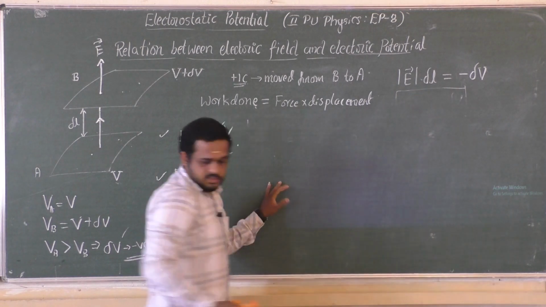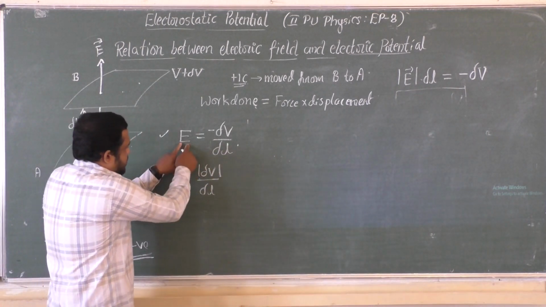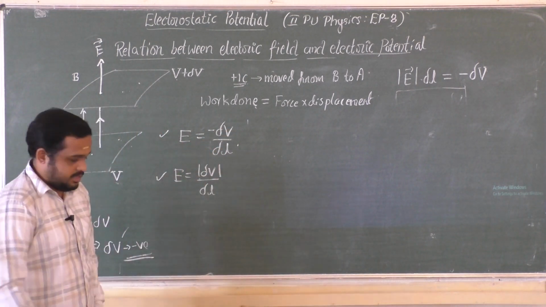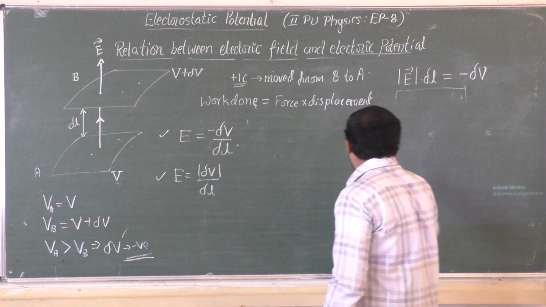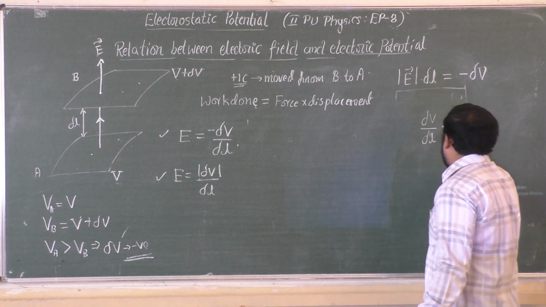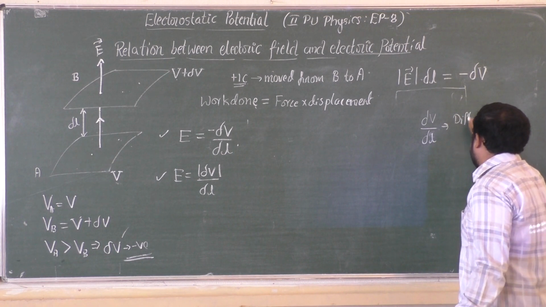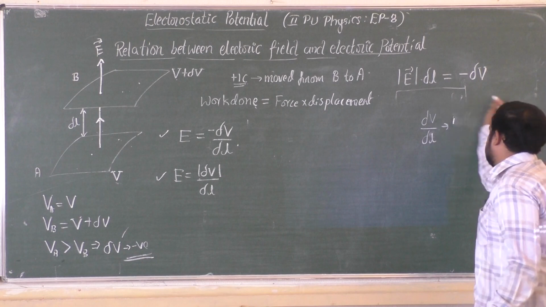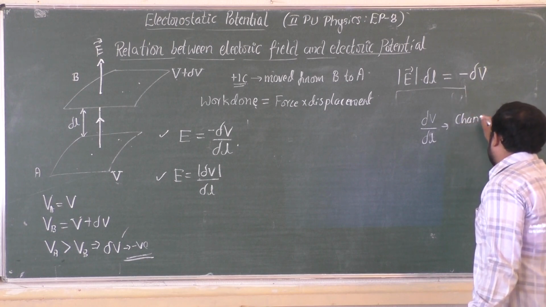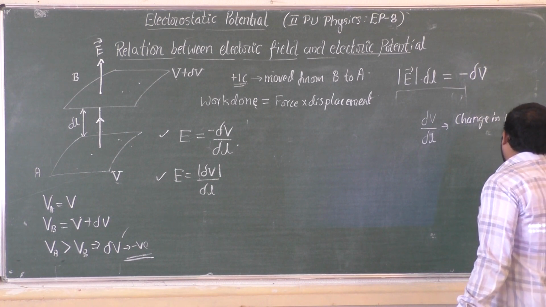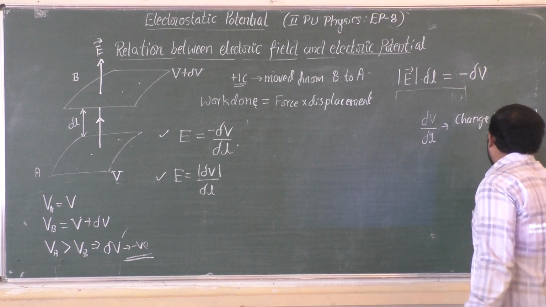First one is electric field is equal to minus delta V divided by delta L. Now this quantity delta V divided by delta L is nothing but change in potential per unit displacement.